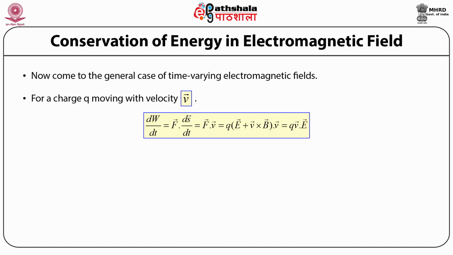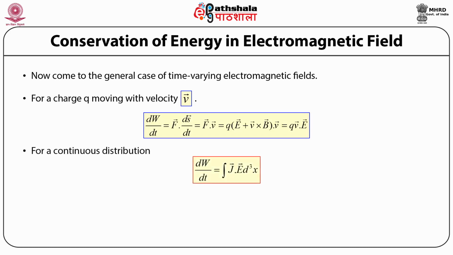Now using the definition of the Lorentz force for a charged particle q which is moving in both the electric and the magnetic fields, the time derivative of the work done W is equal to charge q times bracket open the electric field vector E plus the velocity vector v cross the magnetic field induction vector B bracket close, dot product with the velocity vector v.